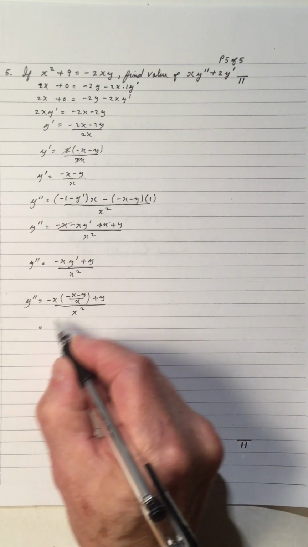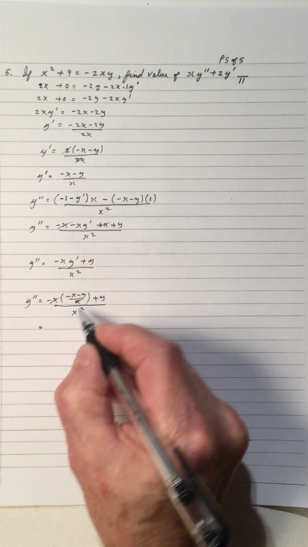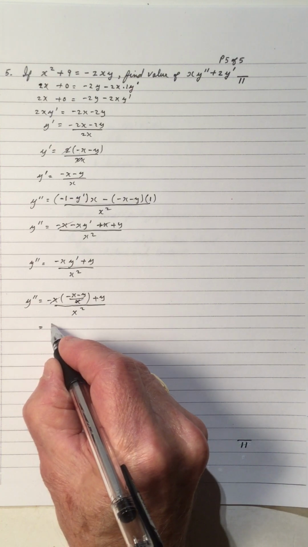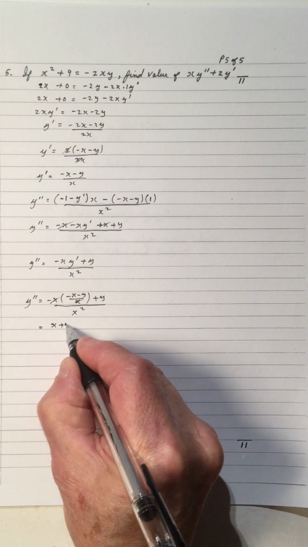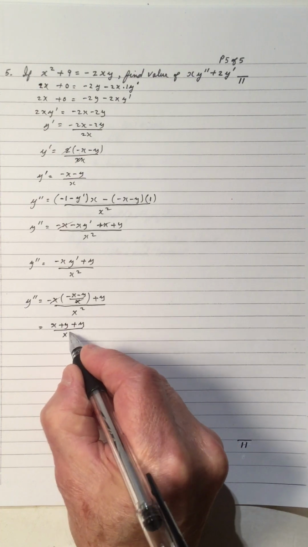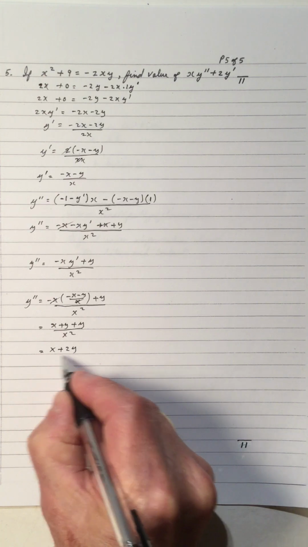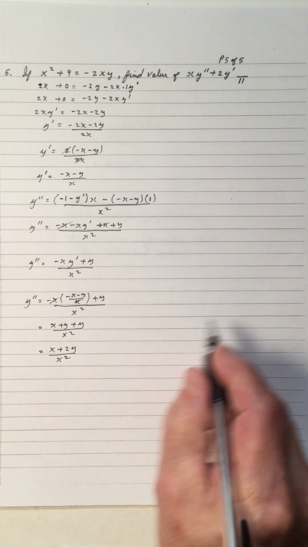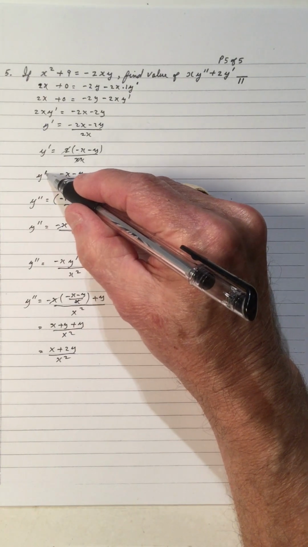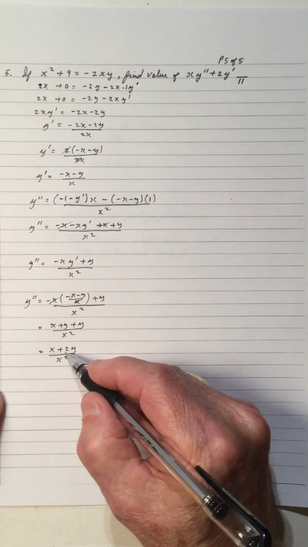So we have the multiplication here, so the x's cancel out. So negative 1 times negative x minus y is x plus y, plus that y, over x squared. So that's x plus 2y over x squared. So we have y prime in terms of x and y. We have y double prime in terms of x and y.